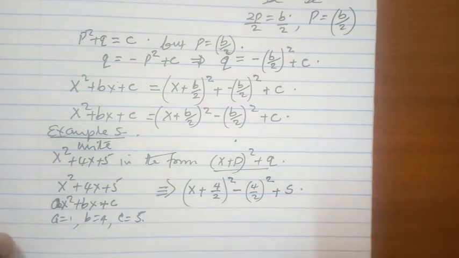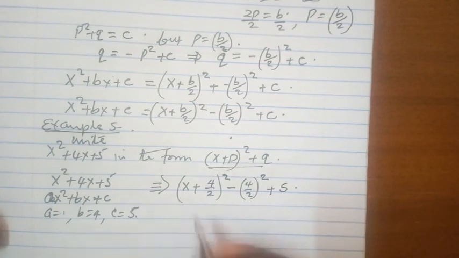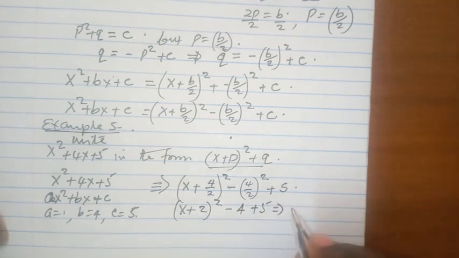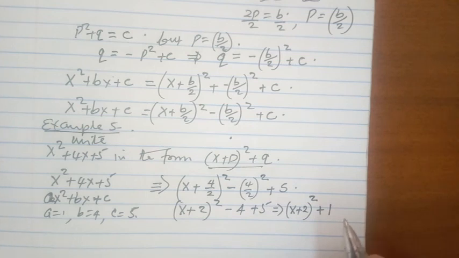At the end of the day, we have x plus 4 over 2, which is 2, squared, minus 4 over 2 squared, which is 2 squared, which is 4, plus 5. If we collect these like terms, we have x plus 2 squared plus 1.